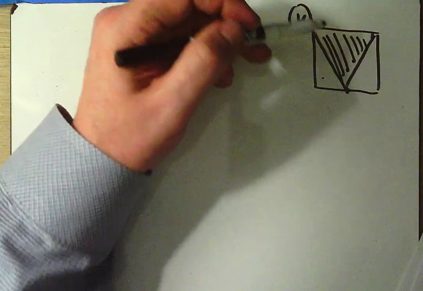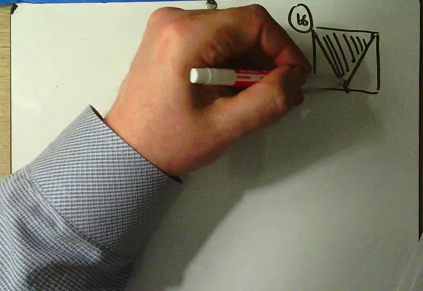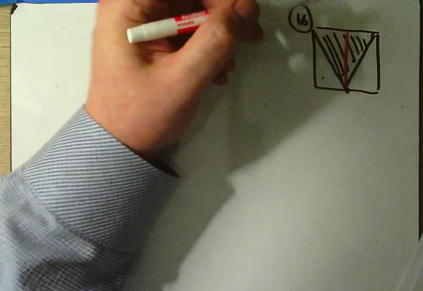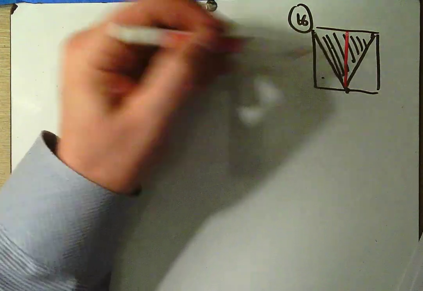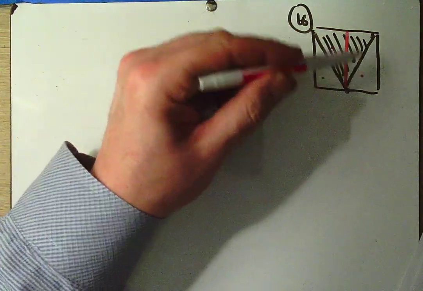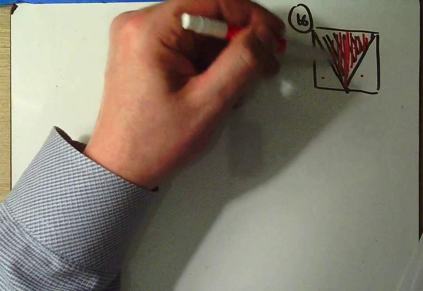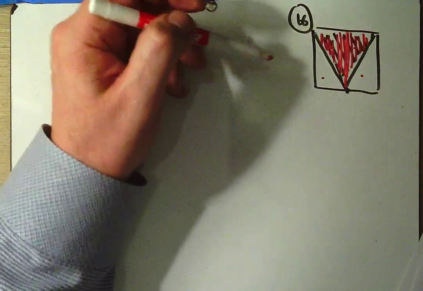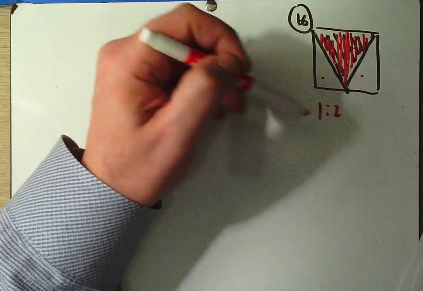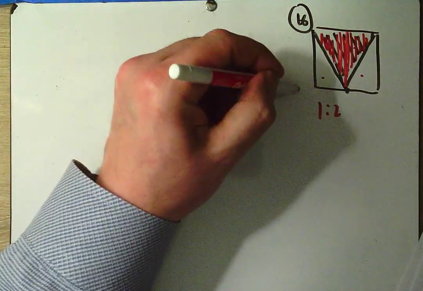Well, I think that this problem can be done with a lot of algebra, or if I just draw this line, I can see this triangle and this triangle are the same, this triangle and this triangle are the same, and ABD is composed of 2 of those triangles, so the ratio is 1 to 2. And that's choice G. G for number 16.